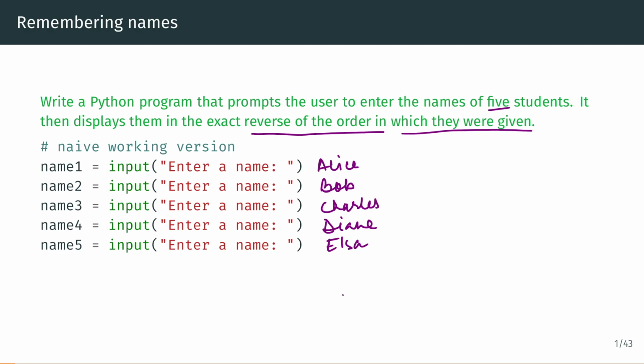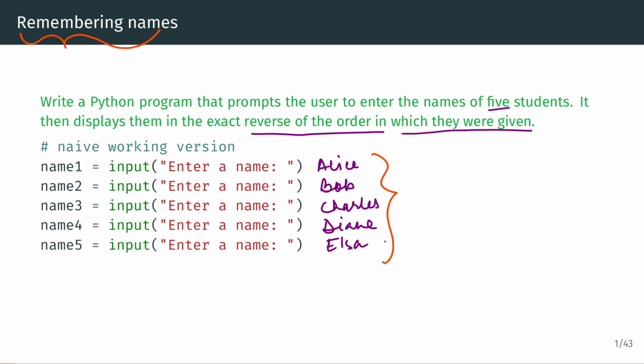So name 1 would contain Alice, name 2 would contain Bob, name 3 Charles, name 4 Diane, and name 5 Elsa. In a way, we are remembering these 5 names.